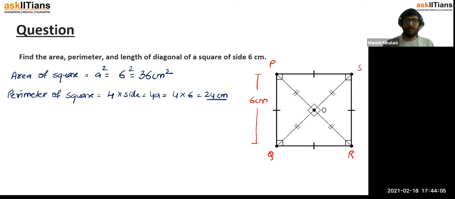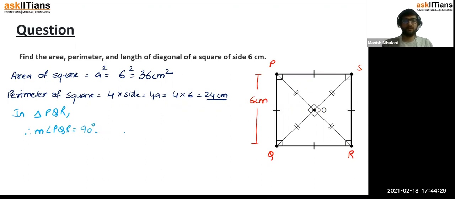If we need the length of PR, consider triangle PQR. We know all angles of a square are right angles, so in triangle PQR, measure of angle PQR is equal to 90 degrees.